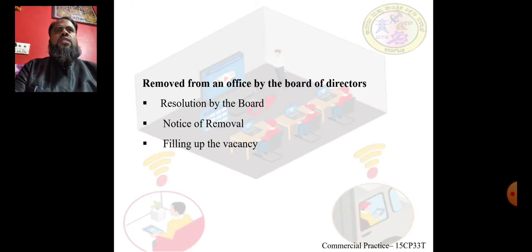The first one, resolution by the board. A company secretary can be removed by the board of directors by passing a resolution confirming the removal of the company secretary in the board of directors meeting.